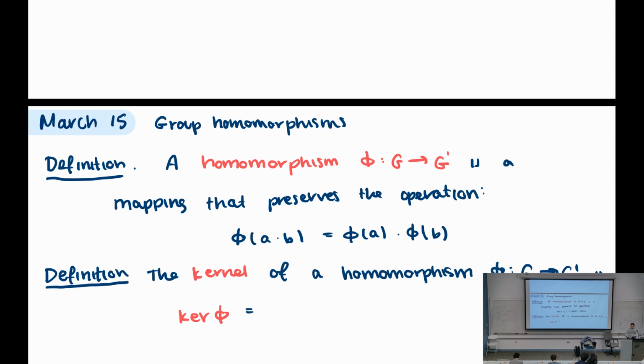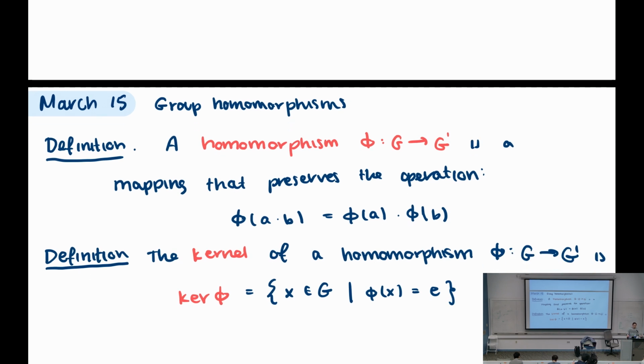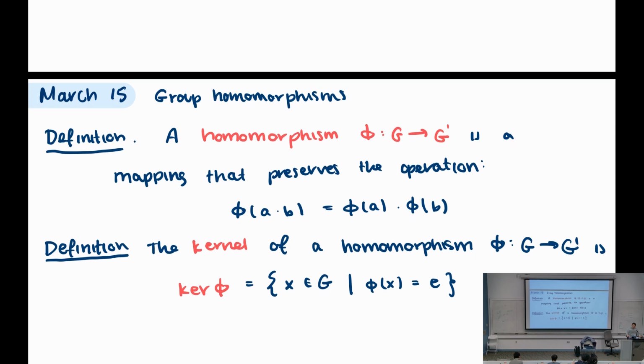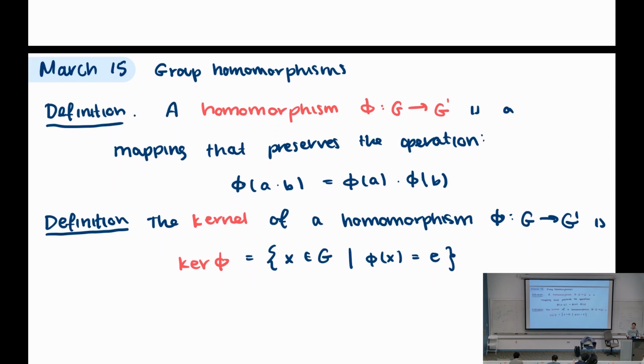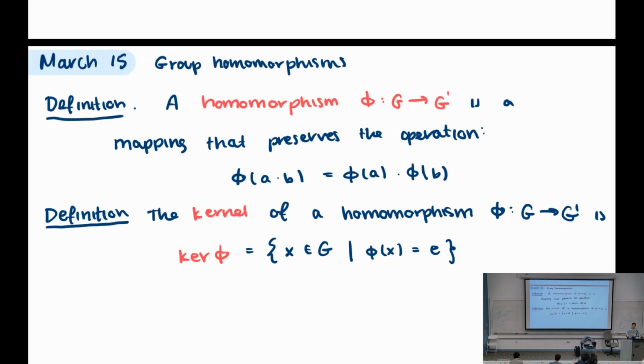This is the set of x's in G that are sent to the identity, so such that phi of x is equal to e. Okay, so that is the kernel. Okay, so let's see some examples.